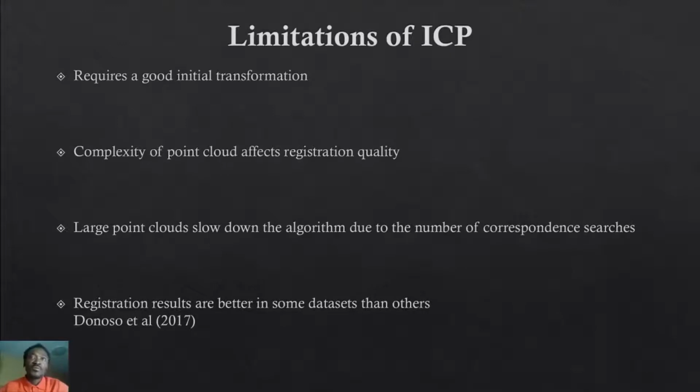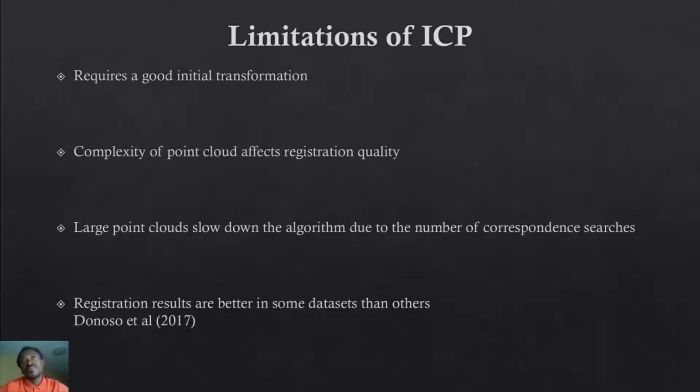Even though ICP is well known and is a standard shape registration algorithm, it suffers from some limitations, such as the need for a good initial transformation. This normally requires a user to use a smaller optimal transformation to ensure good registration results. The complexity of the point clouds has also been noted as affecting the quality of registration, and in some cases, whether the algorithm converges or not.